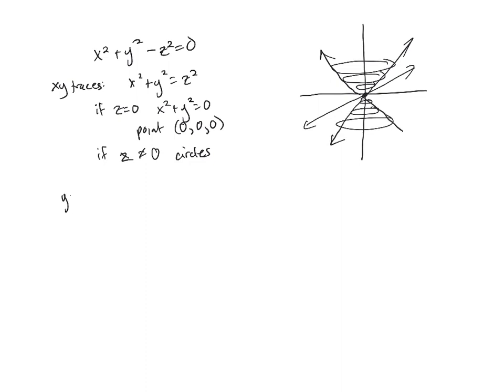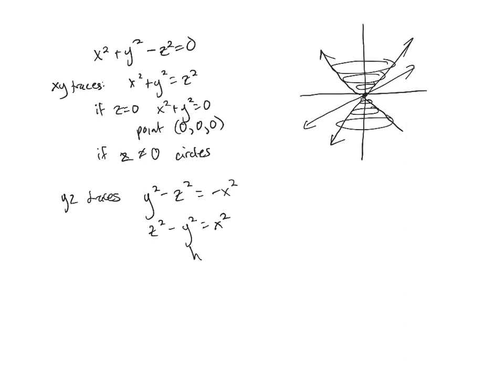If we look at the YZ traces, we end up with x being brought over to the other side. So we have y squared minus z squared equals negative x squared. At first that looks weird, but you could think of it still as just a hyperbola.